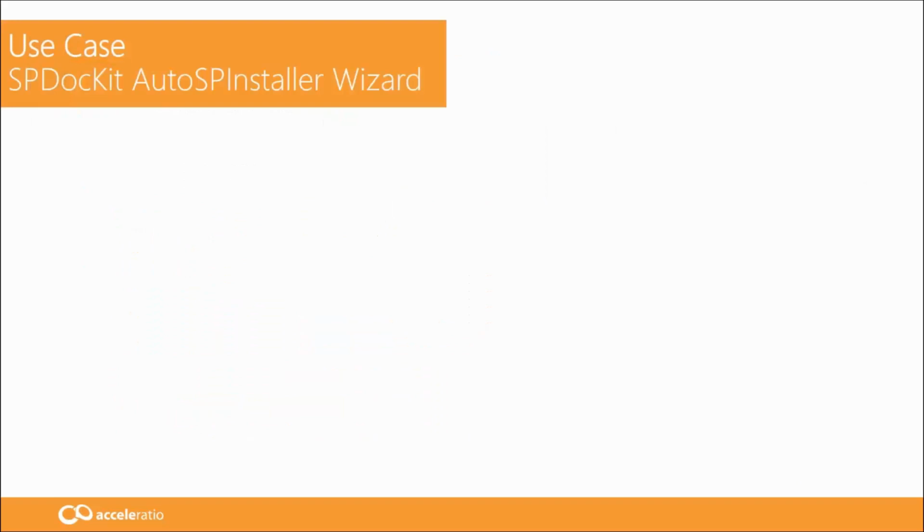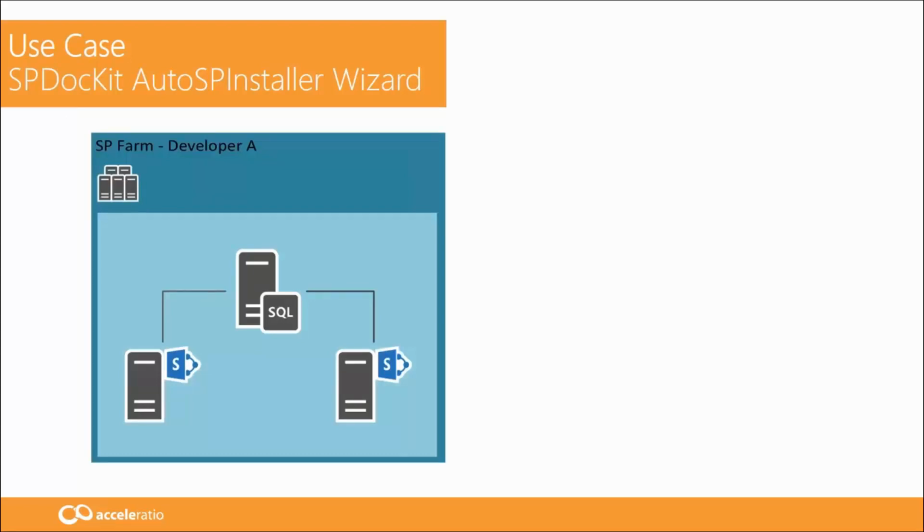So let's take a simple use case that we want to show you today. Imagine a situation where you have one developer called Developer A, and this developer has a SharePoint farm with a SQL server and two SharePoint servers, one web frontend and one application server, in a single farm.